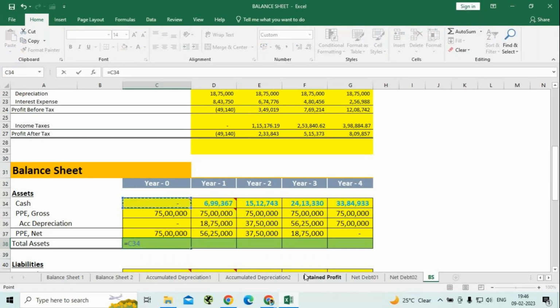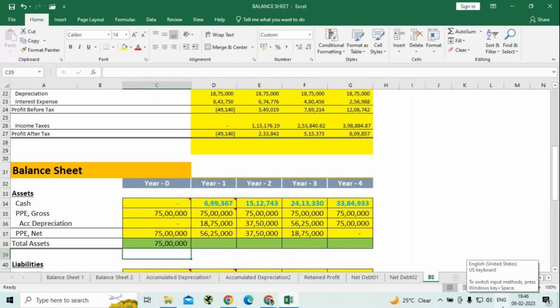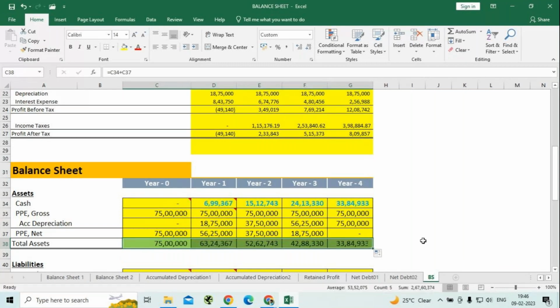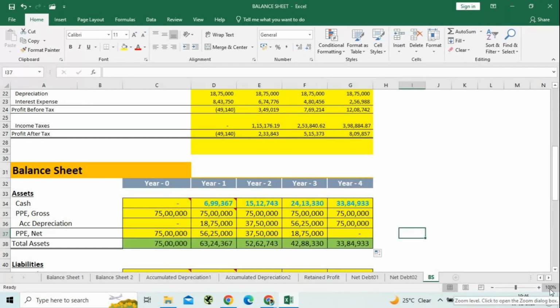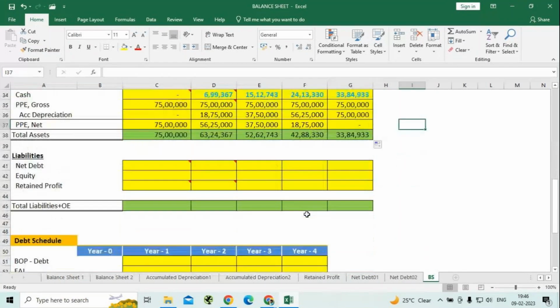There is no cash balance for the year 0 plus the PPE net, the final amount of the asset. Okay. So this will be the total asset value. Okay. So now this has to match with your total liabilities value. Okay. So now the first thing in the liabilities, it is asking about net debt.